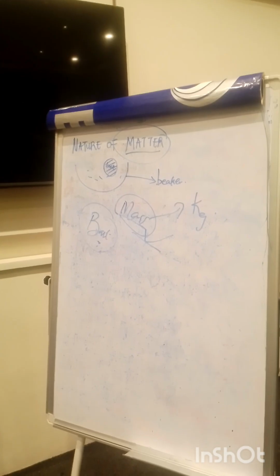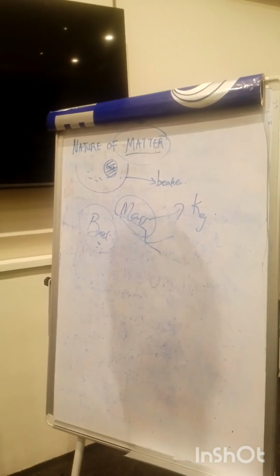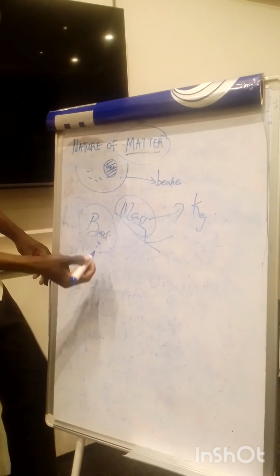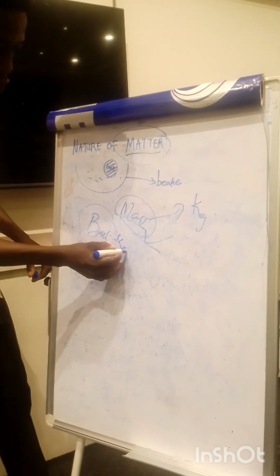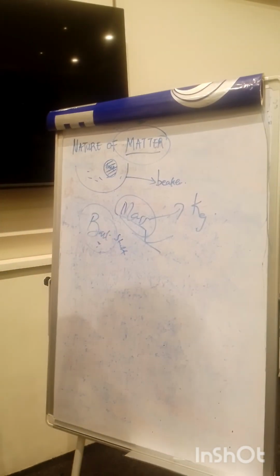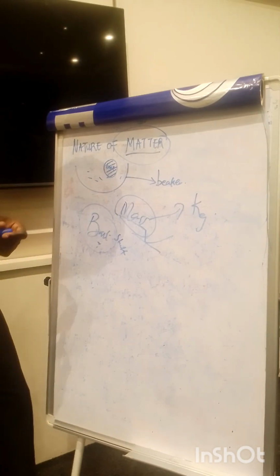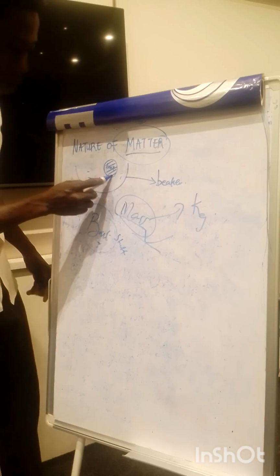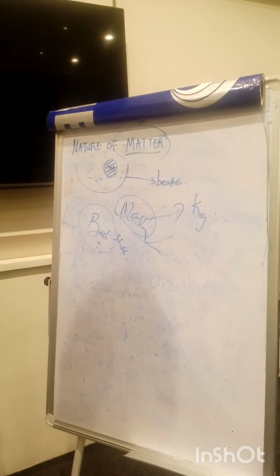The mass is the quantity of stuff contained in a body. Don't forget what you are looking at; we are using this ball as an example.